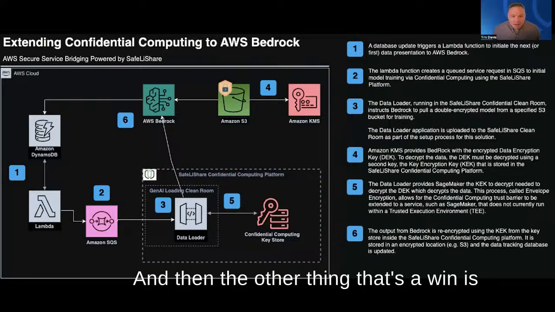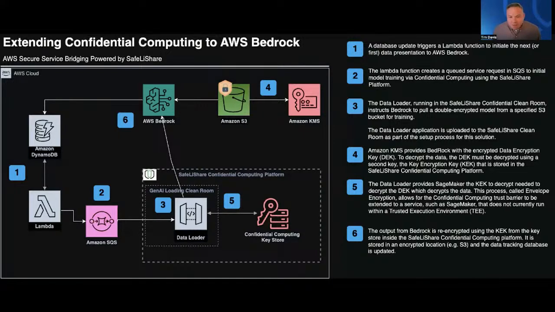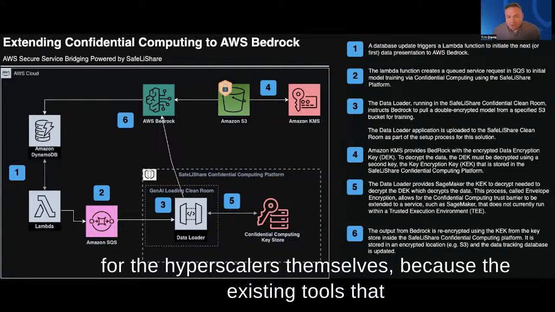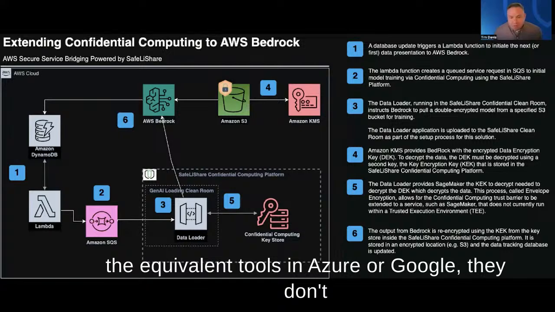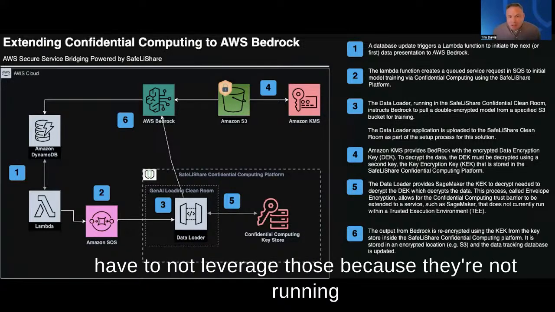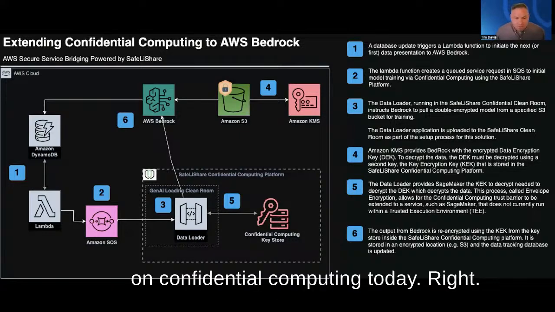And then, the other thing that's a win is for the hyperscalers themselves, because the existing tools that they have, like Bedrock or SageMaker or the equivalent tools in Azure or Google, they don't have to not leverage those because they're not running on confidential computing today, right?